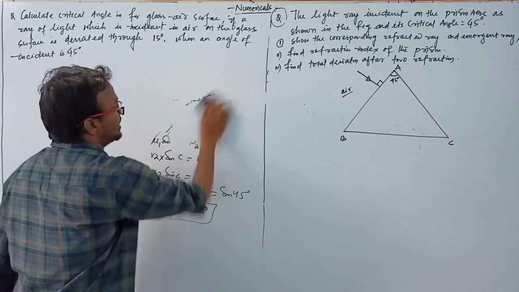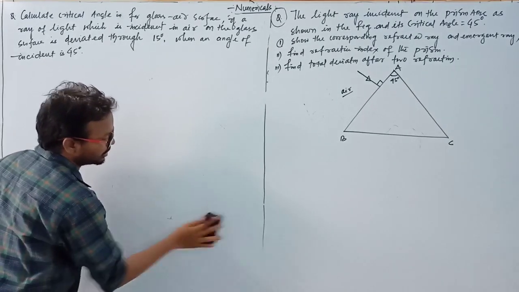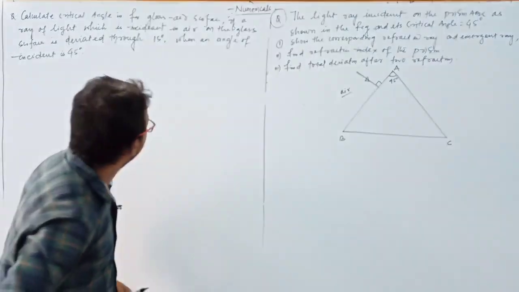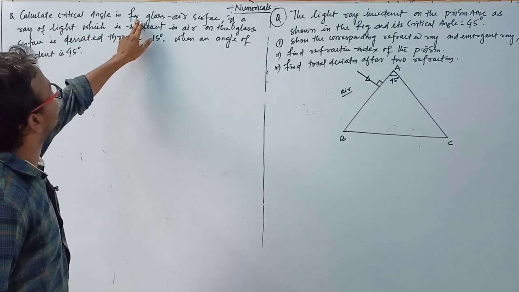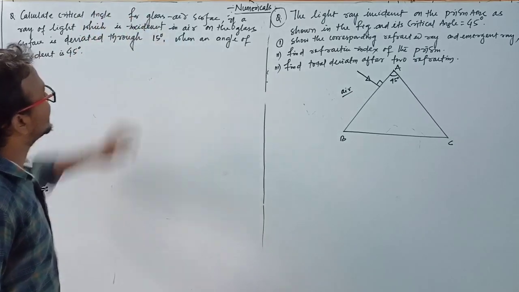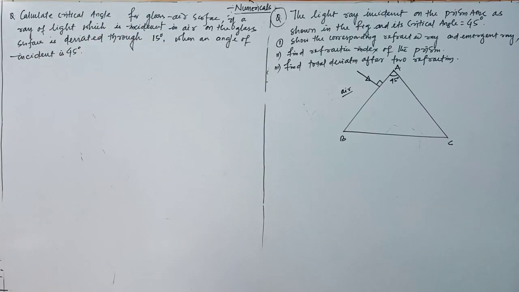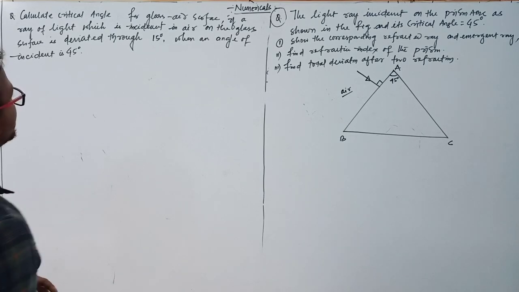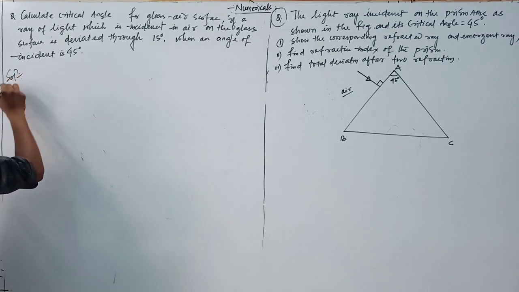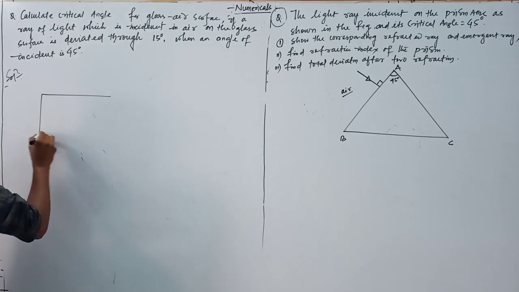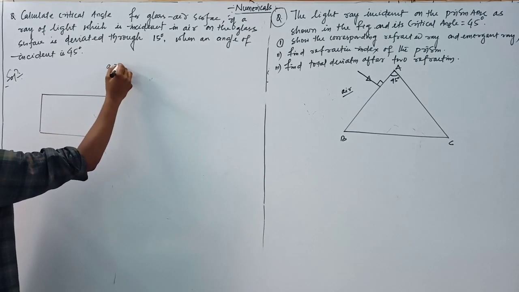So by using this concept we have to solve these two numericals. First numerical: calculate the critical angle for a glass-air surface, if a ray of light which is incident in air on the glass surface is deviated through 15 degrees. That means suppose there are two media, this medium is glass and this medium is air.